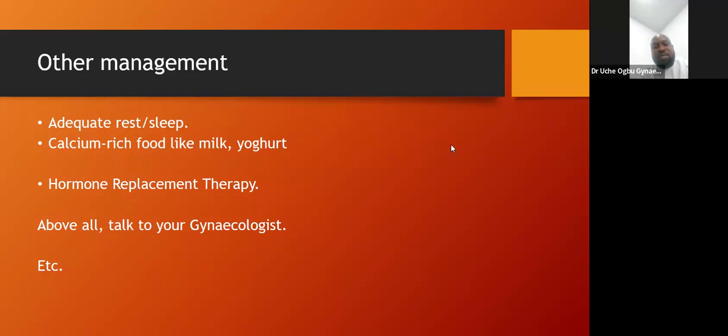But there are drawbacks. One of the commonest drawbacks is that it is going to increase the risk of conditions like ovarian cancer and endometrial cancer. So before you opt for that form of treatment, you should discuss the risks with your gynecologist, and it's not recommended for people with a family history of cancer such as ovarian cancer and cancer of the womb. Above all, talk to your gynecologist.